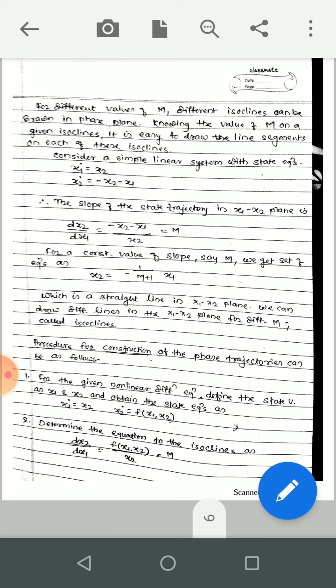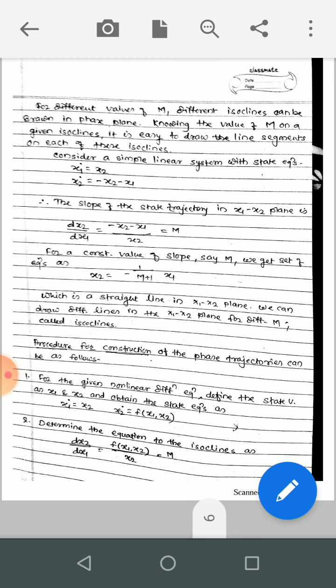So let us see the procedure for construction of phase trajectories. The following steps are there. First step, for the given nonlinear differential equation, define the state variables as x1 and x2 and obtain the state equations as x1 dot equal to x2 and x2 dot is equal to a function of x1 x2.